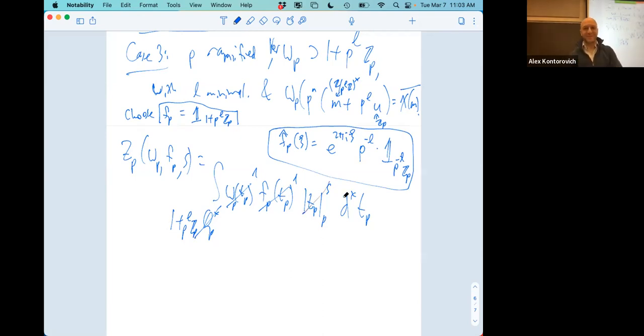Let's remember what d star t_P is. It's d t_P divided by the absolute value of t_P, times this factor P over P minus 1. And the absolute value of t_P is again just 1. We got rid of almost everything.